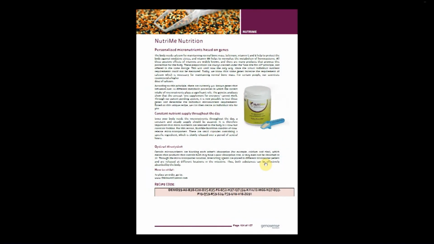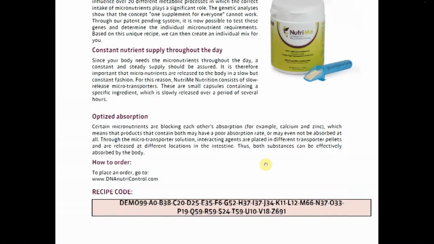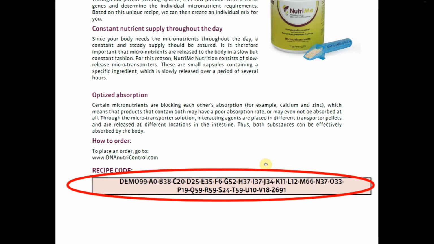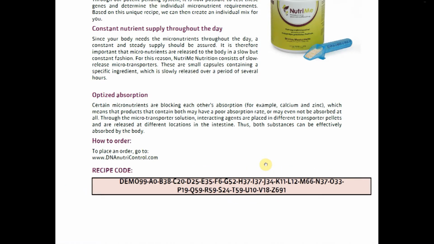nutrients. And in order to order this, we have a website, the DNAnutriControl.com website, and there you need to enter a recipe code because, as you remember, this is unique based on your genes. So in the report you're going to find this recipe code. This is how it looks. It's unfortunately quite a long code, but there's a lot of information. You're going to have to enter this information into the form.